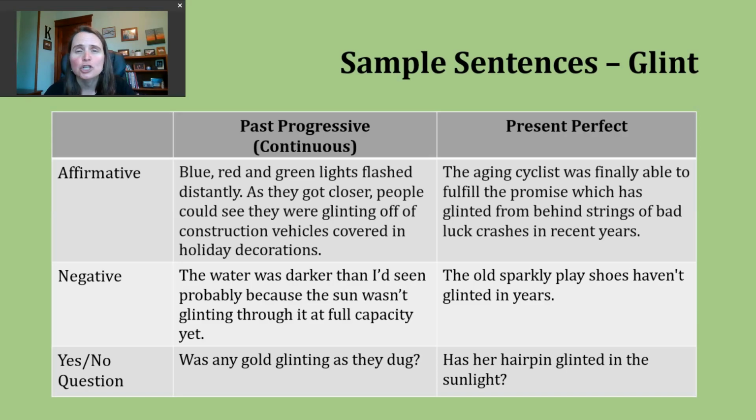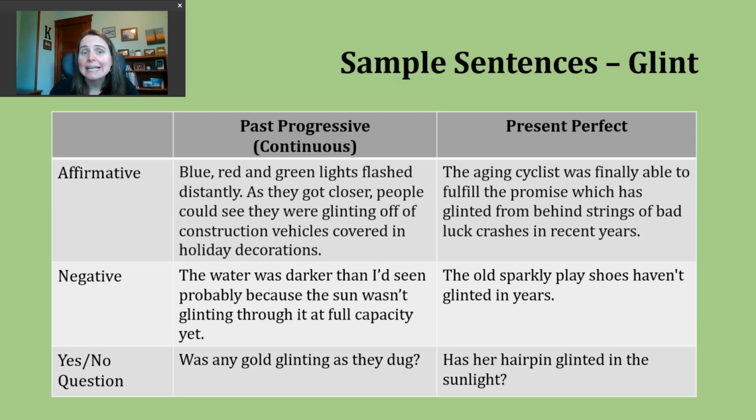So, one's trying to be very descriptive and again, describe some type of light reflecting and what people are viewing or how they're observing it. So here it's the lights, so that's why you see were glinting off the vehicles.